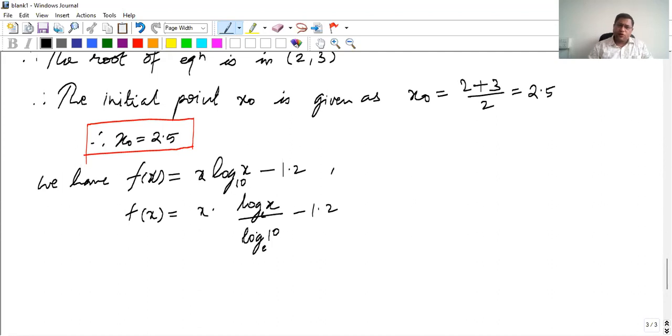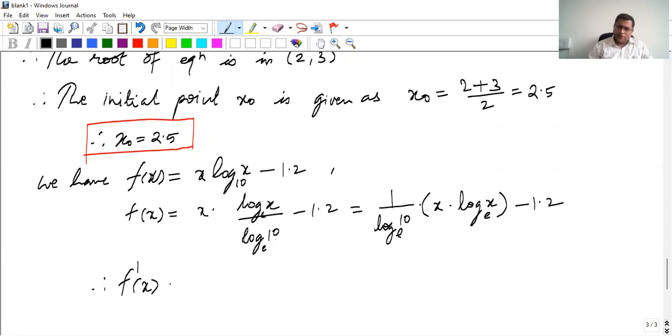So this term is going to be constant. So we can write this as 1 upon log of 10 to the base e into x into log x to the base e, minus 1.2. And now it is easy to have the derivative.